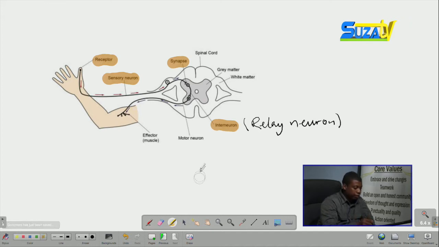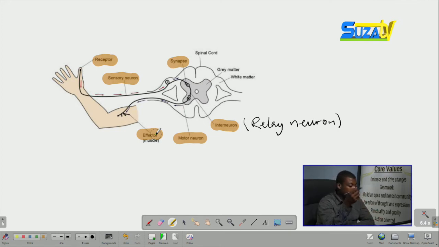Also, we have the motor neuron and the effector. So we can see that the sequence of this has occurred just like how we mentioned it before.